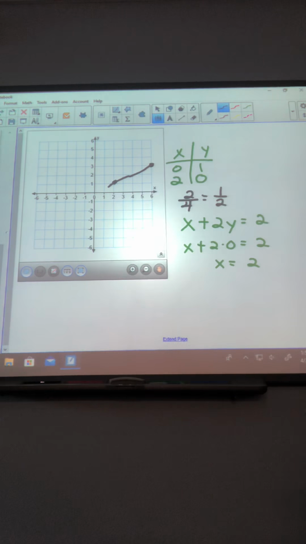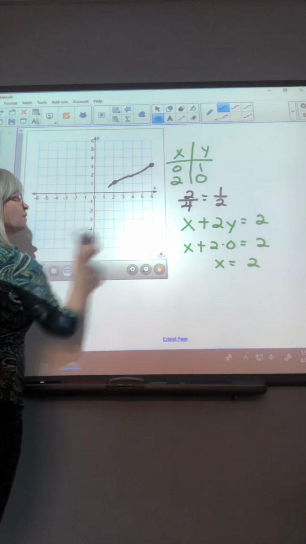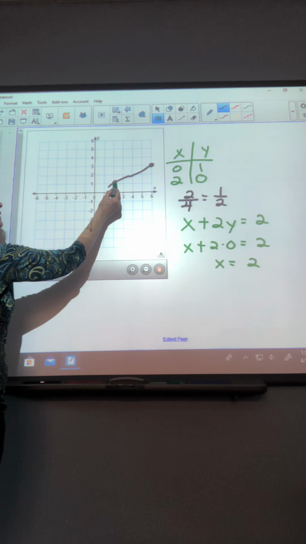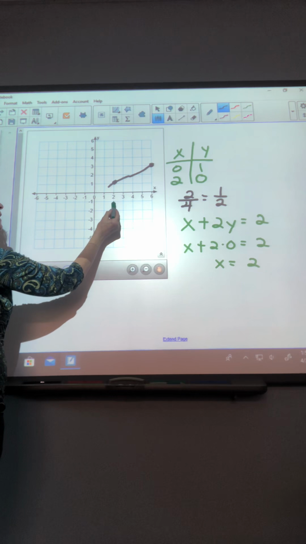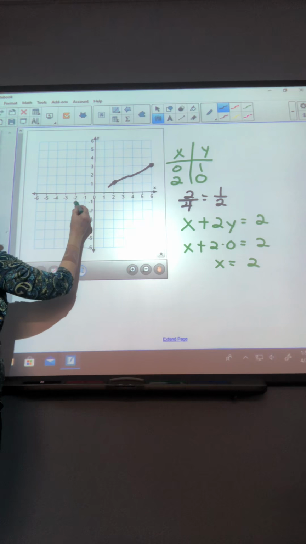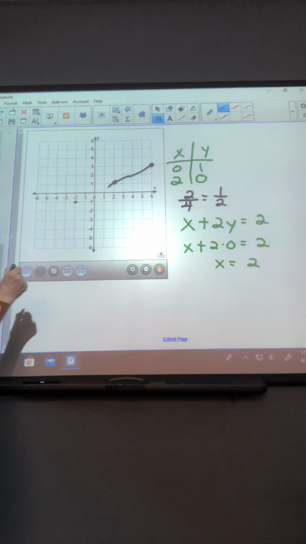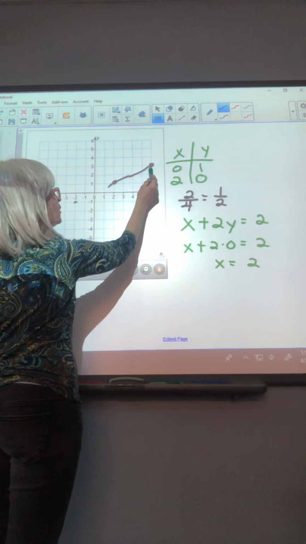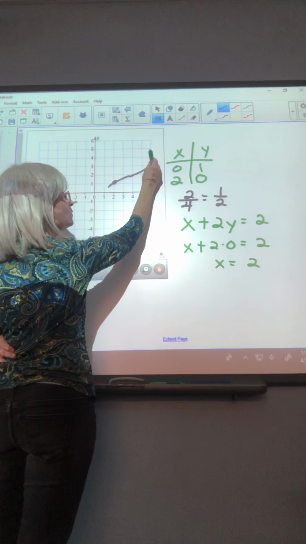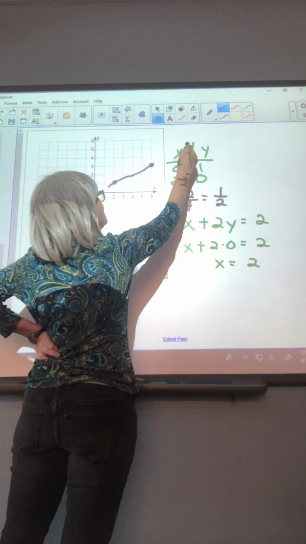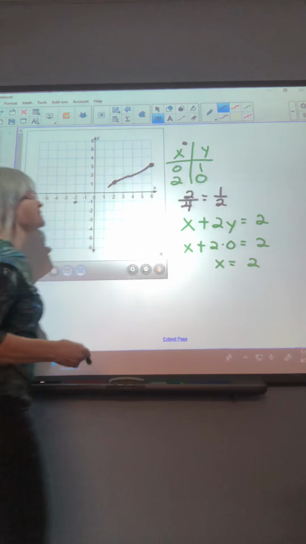And the reason that we like to have that is because we can make another point. So now we could use the slope. I'm going to go ahead and use 2 over 4. I'm going to use it here by falling 2, and then going to the left 4. 1, 2, 3, 4. And you can see that that point is just right in line. I could also use this point and rise 2, 1, 2, and then I'd have to go over 4, which would be 1, 2, 3, 4, which is off my graph, but you can see it still would work.